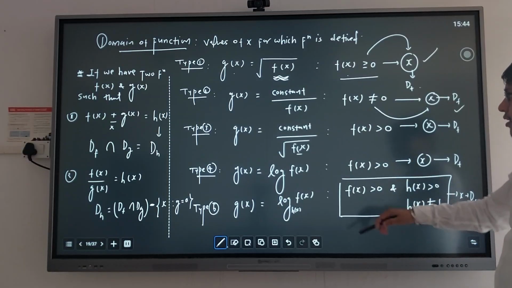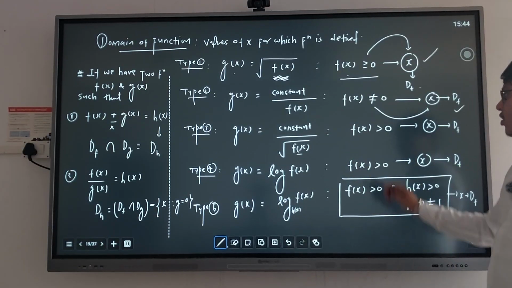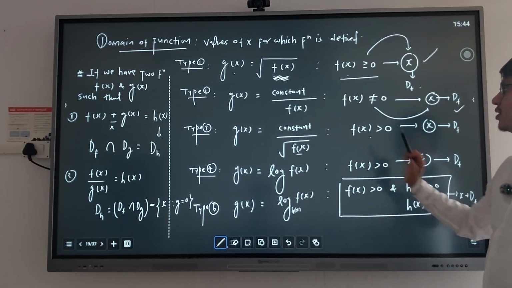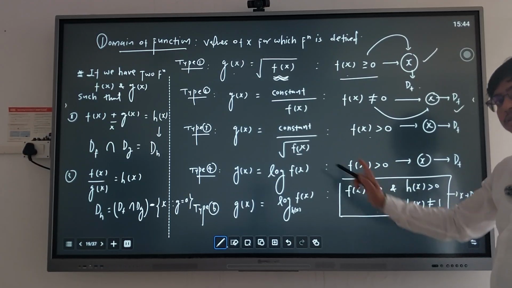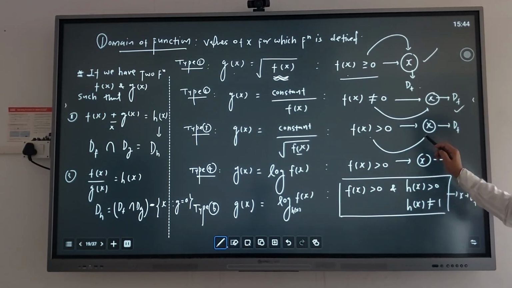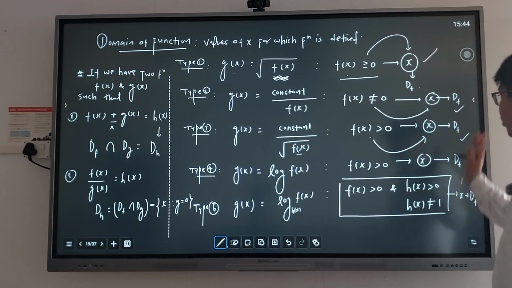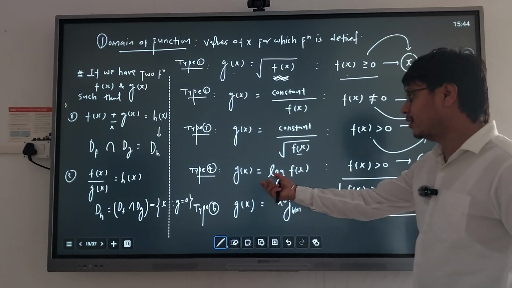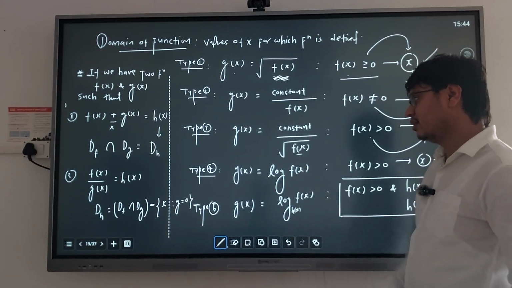After applying this condition, f(x) is always greater than 0, we get the values of x, and these values of x are called the domain of the given function.